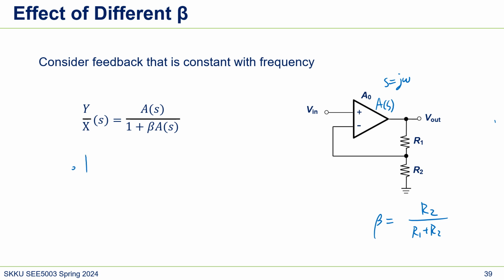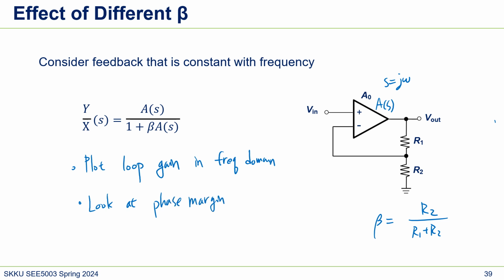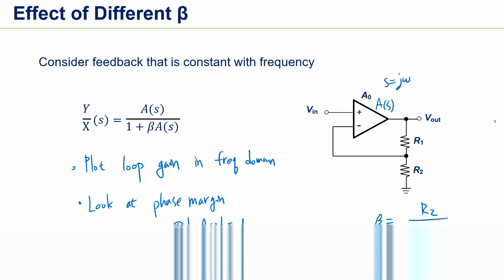So what we're going to do is plot the loop gain in the frequency domain and look at the phase margin, which means at the point where gain is 1, right? That's what we're going to do, and then see how beta changes the phase margin.